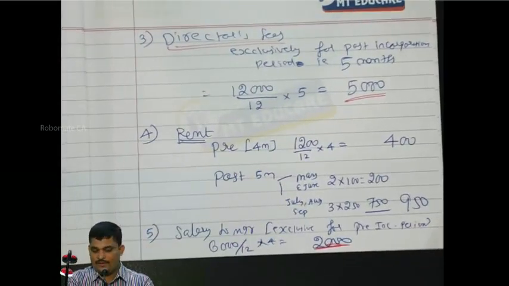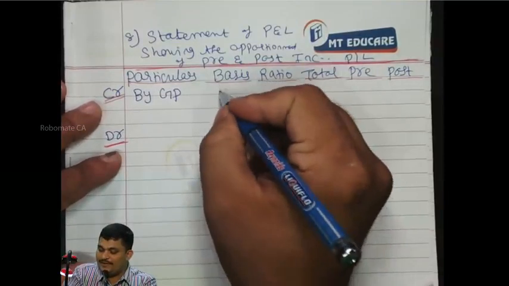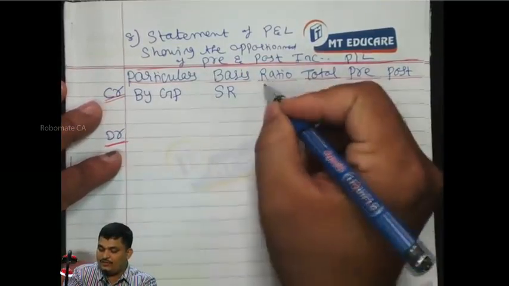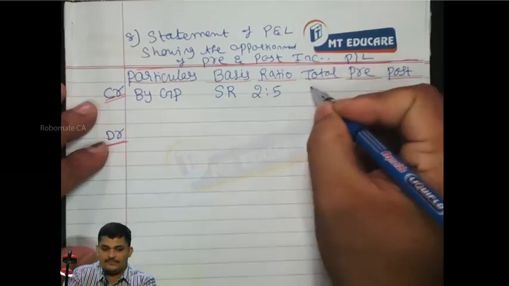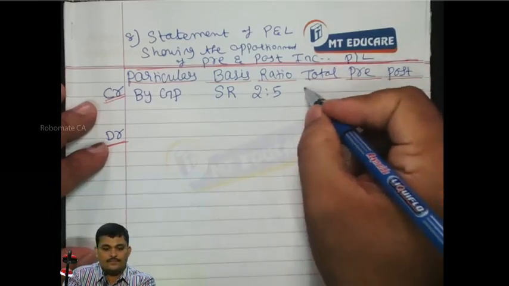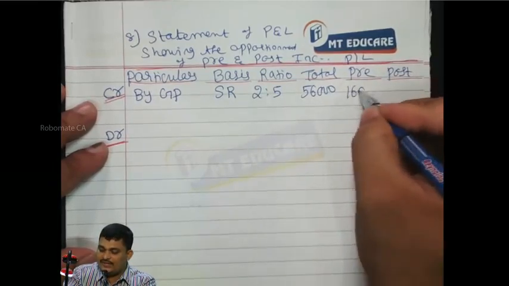Now, gross profit given, how much? Gross profit, on the basis of sales ratio, 2:5, 56,000 and 16,000.